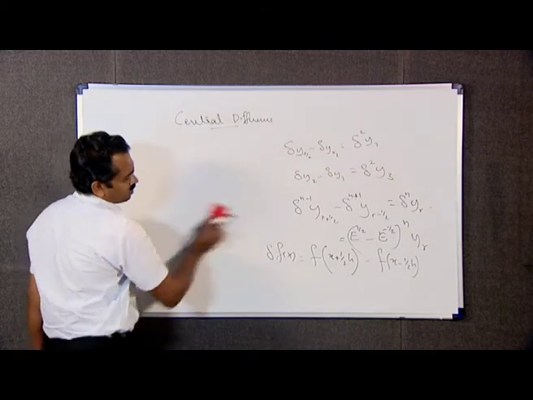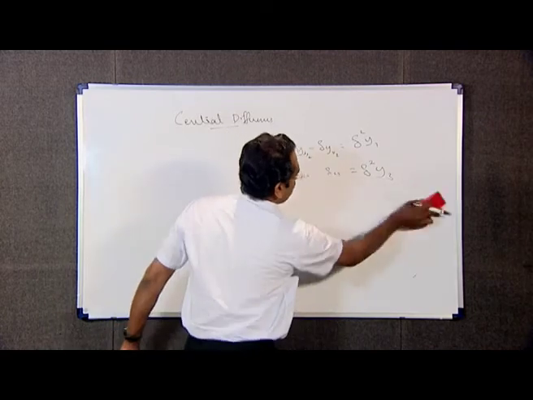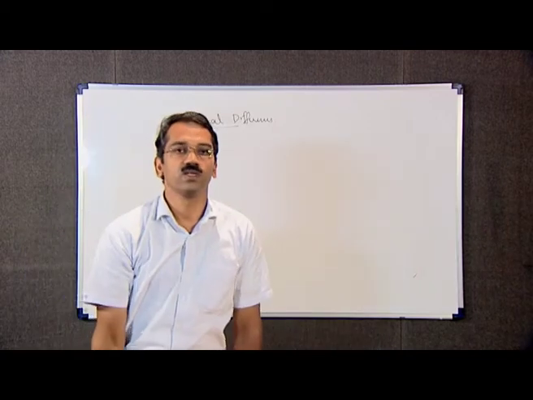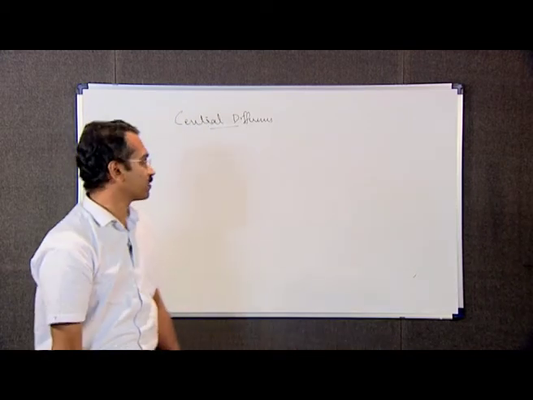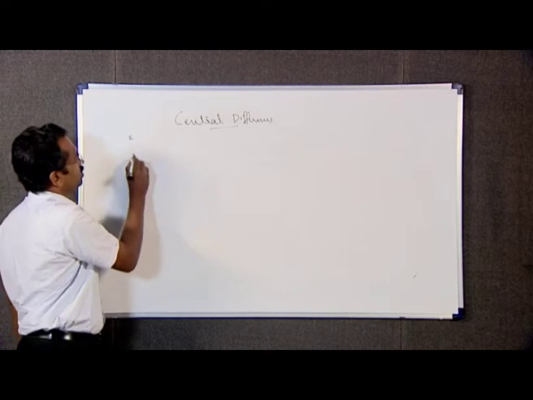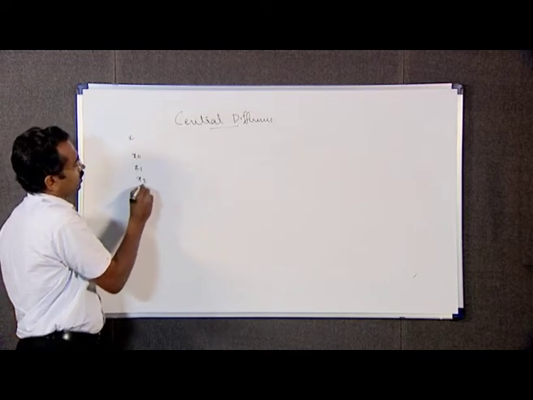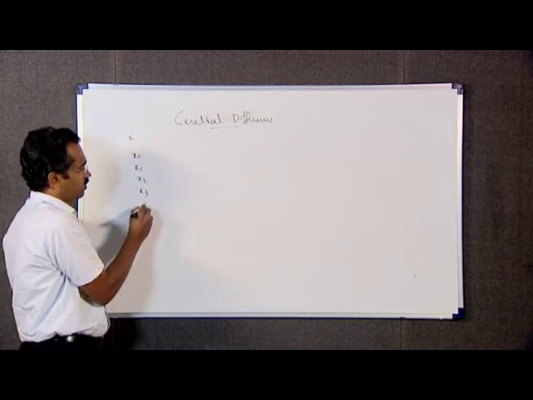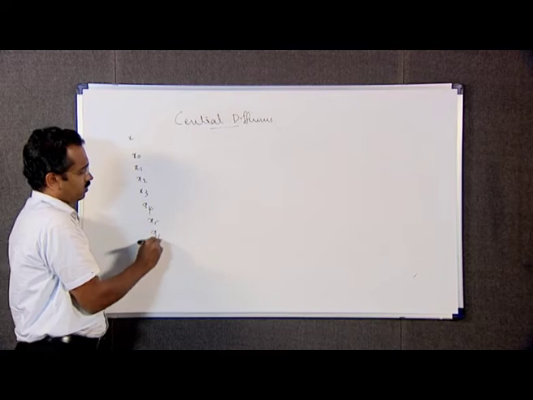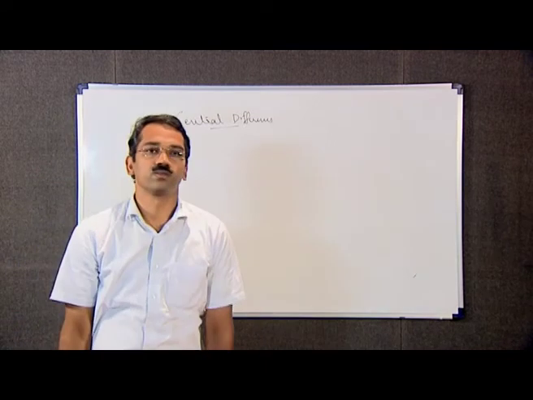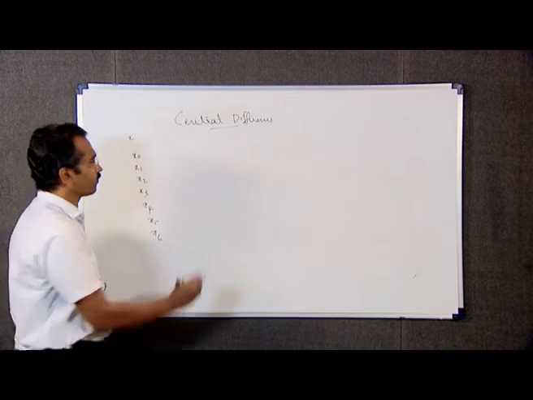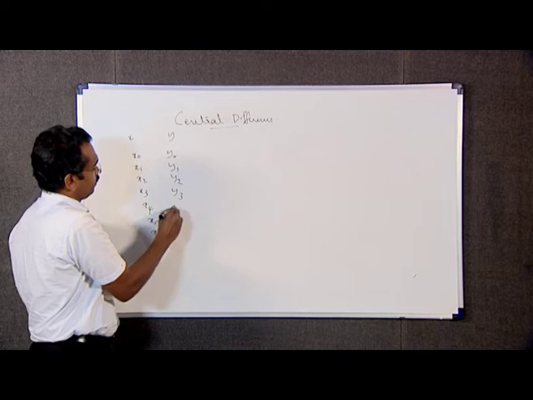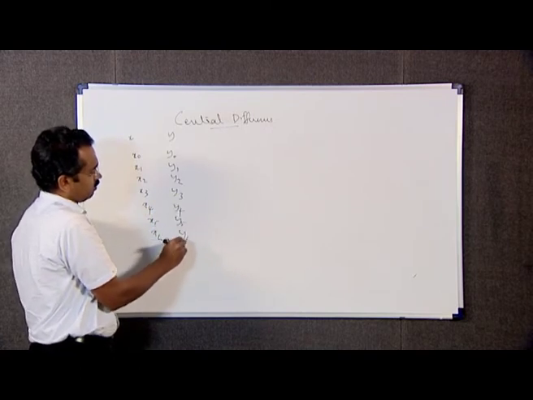The central difference table is given by: consider the values of x, x naught, x1, x2, x3, x4, x5 and x6. The corresponding y values are y naught, y1, y2, y3, y4, y5 and y6.